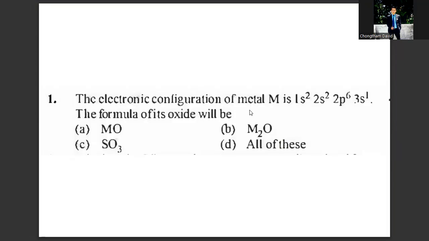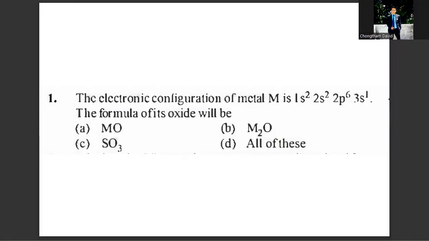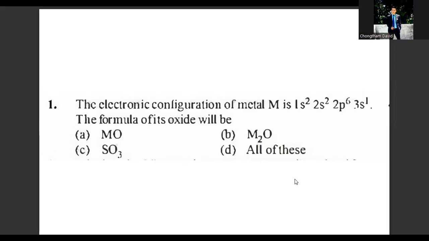Question number one. The electronic configuration of metal M is given as 1s2, 2s2, 2p6, 3s1. The formula of its oxide will be which of the following options: MO, M2O, MO2, M2O3.